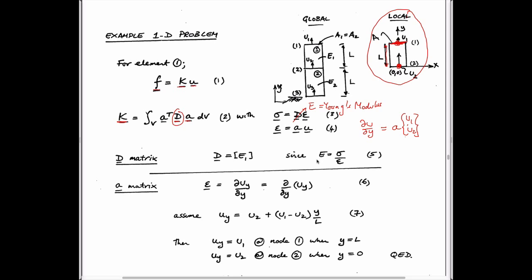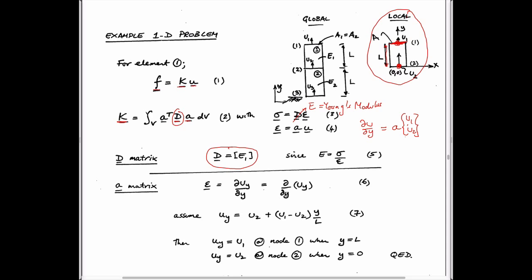So it's relatively straightforward. D matrix, as I guess we've alluded to, is just modulus, E, just from Hooke's law. This strain displacement matrix we can write as defined strain as just du y dy, which we can write merely as this if we take out the y value.